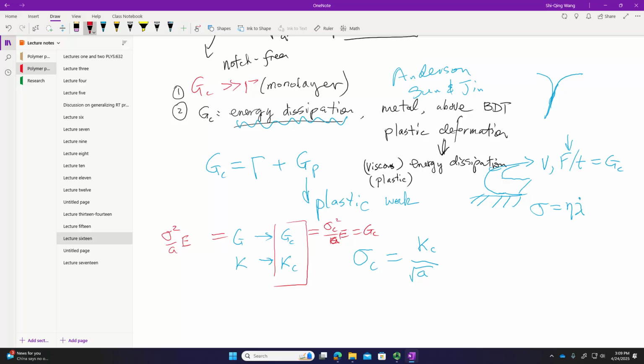Pretend GC is some magic number, then all of a sudden you have sigma C as 1 over square root of A. In fact, that factor, as I said, is K, and KC is nothing but the square root of E GC. The only unhappy thing is that GC is now not gamma. It's whatever, I don't know. So frustrating.